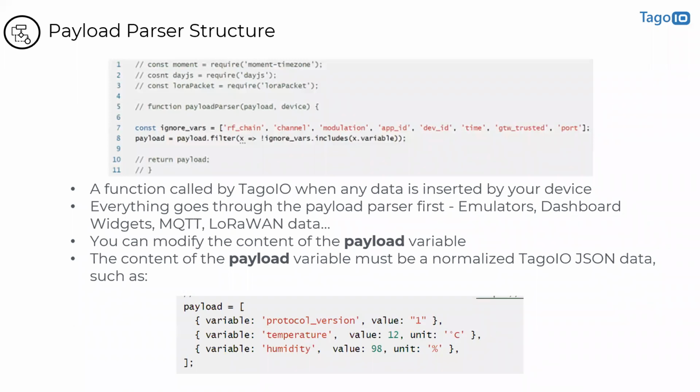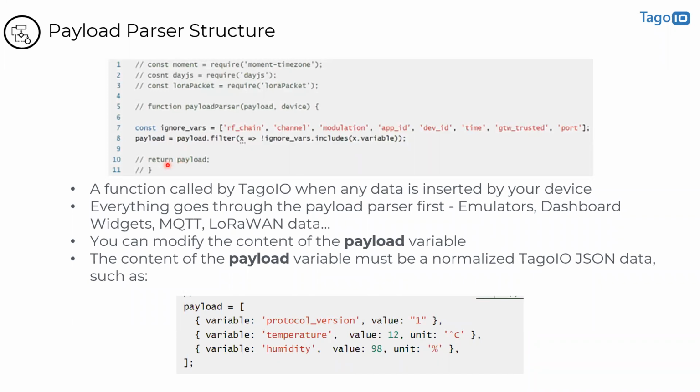You can see at line 8 here, we are changing the payload to filter the variables for this example. Internally, we return this payload and try to store it on the bucket. After your payload parser runs, that is when we will start to give errors for quality structure or something like that.